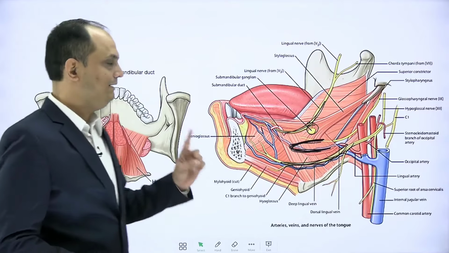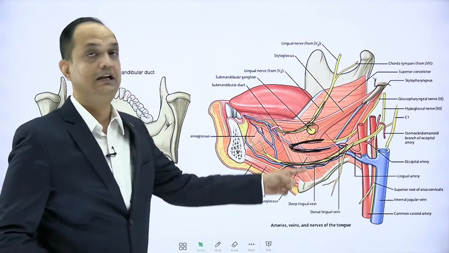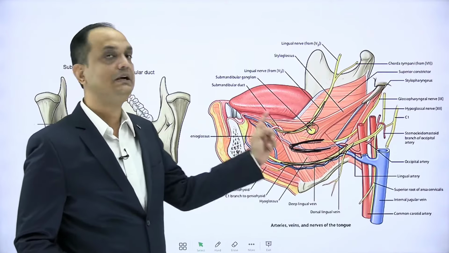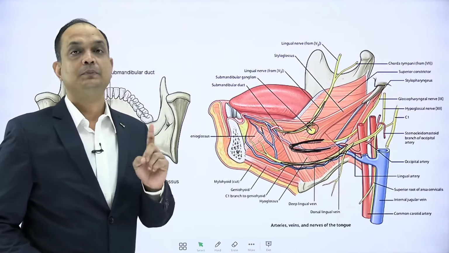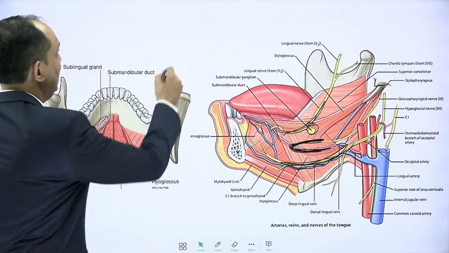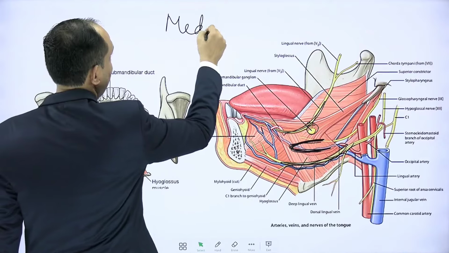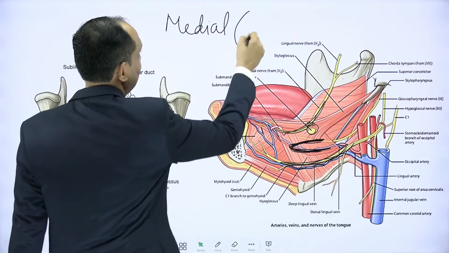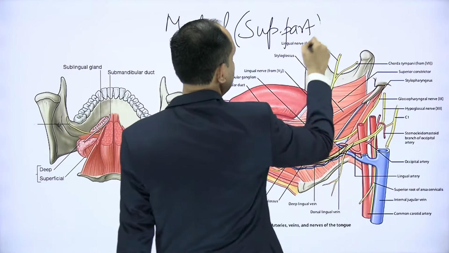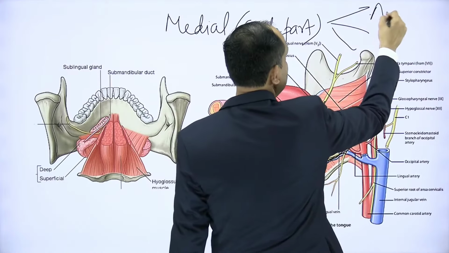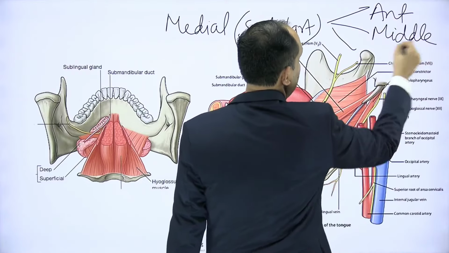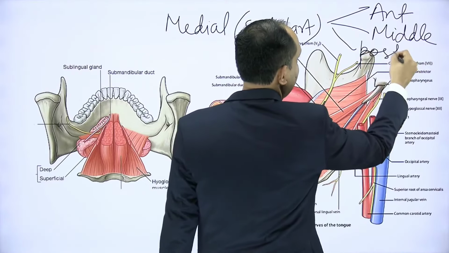Clear? Now again, these are the relations of the deep part, and we also discussed the same relation with the superficial part, but in the intermediate region. So when you have the medial surface relations of your superficial part, we have divided those relations into three parts: anterior relation, intermediate or middle relation, and posterior relation.